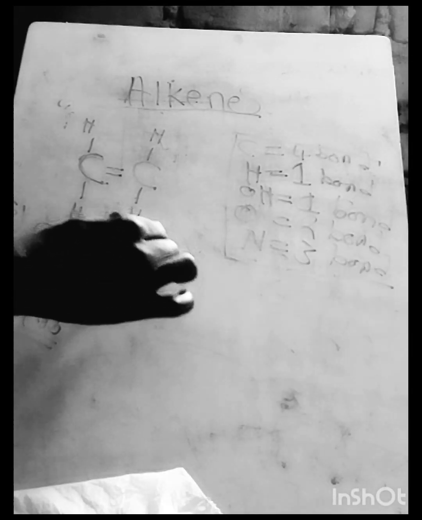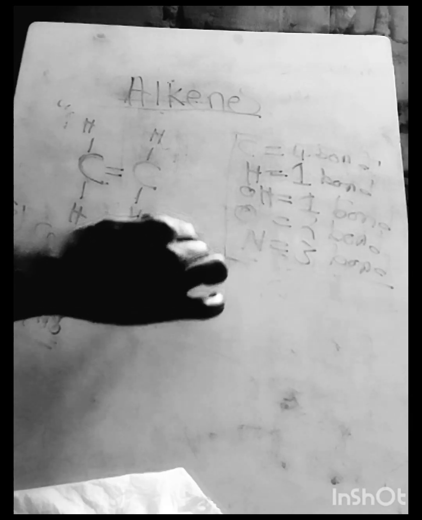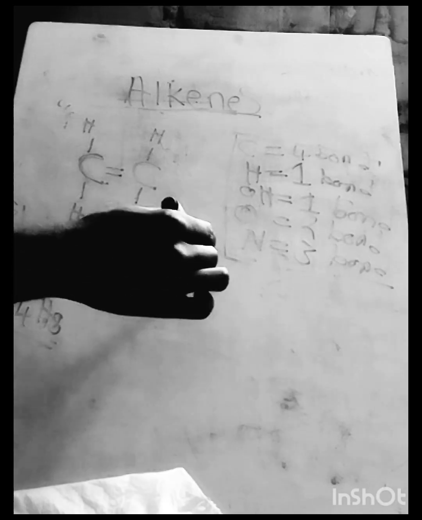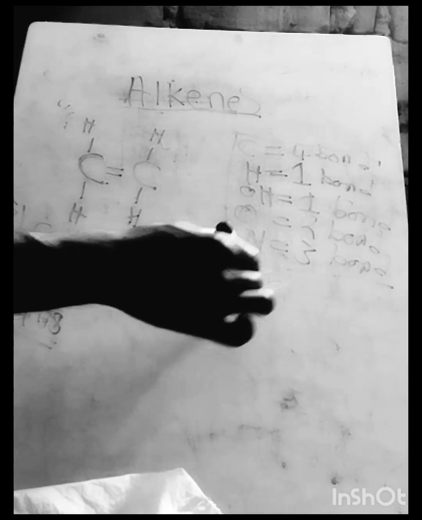So this becomes the formula. Now, what is the name of this? The 4 carbon atom starts with the prefix but. Then all alkenes end with ene, so you just put ene, and the name becomes butene.